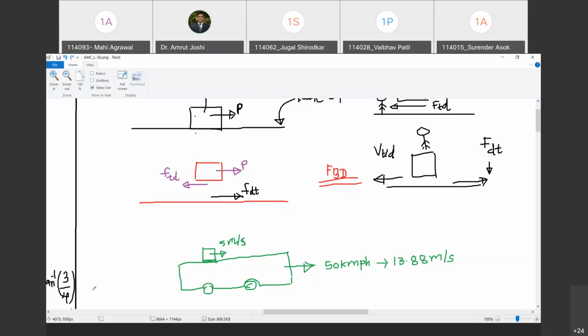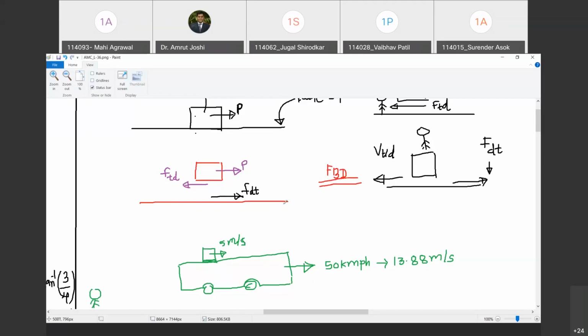The observer is now situated outside both the objects, and I am observing the phenomena. The absolute speed of this bag is 5 meters per second, and the speed of the bus is 13.88 meters per second. Now you tell me what will be the direction of the frictional force applied by the bus on the object, or the bus on the bag.